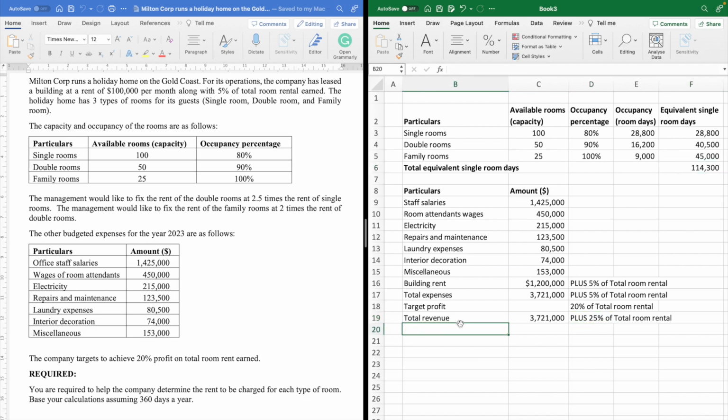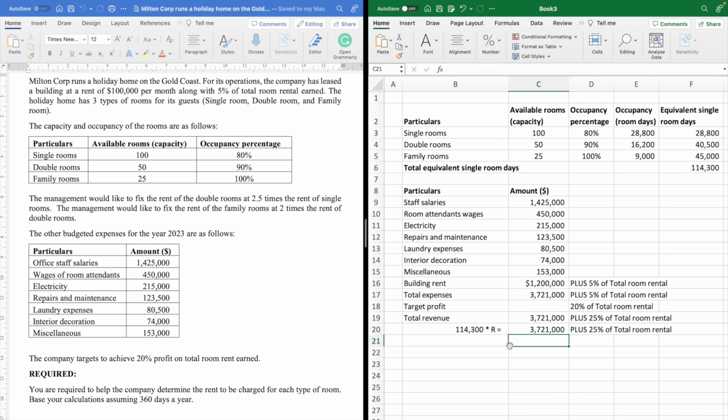So the total revenue can be expressed in other words as total equivalent single room days times revenue per single room day. So let us assume that the revenue per single room day is R. So in this case the total revenue can be expressed as 114,300 times R.